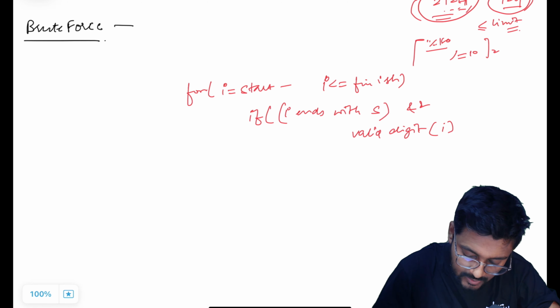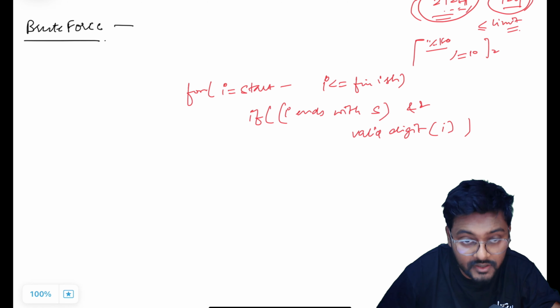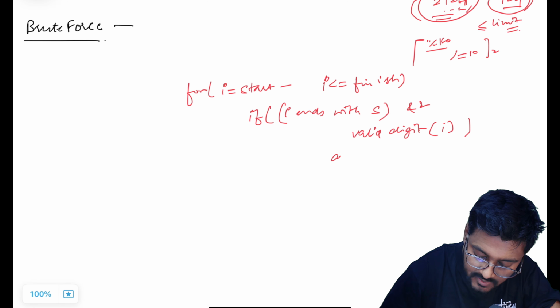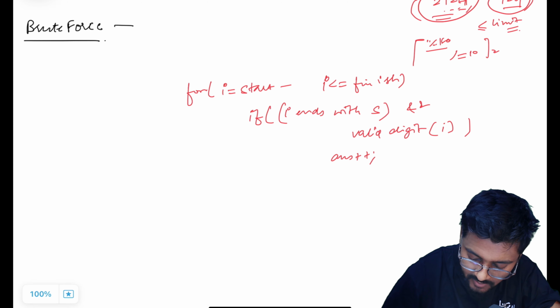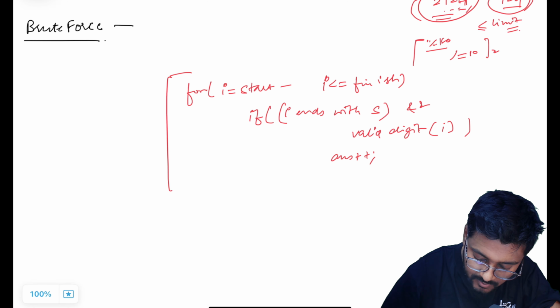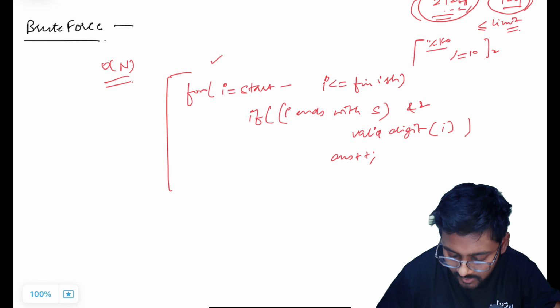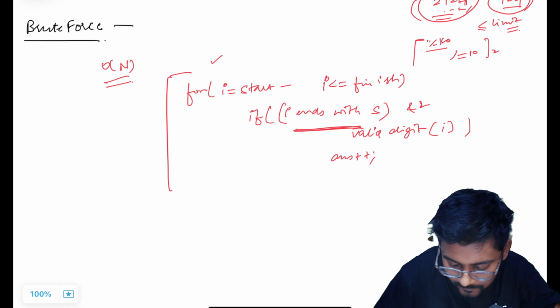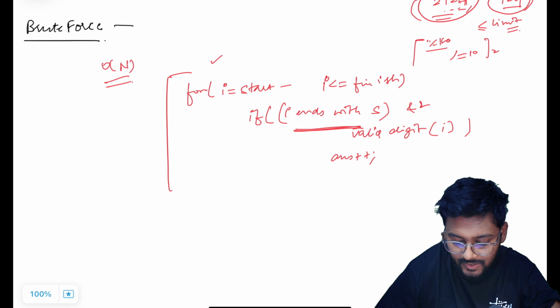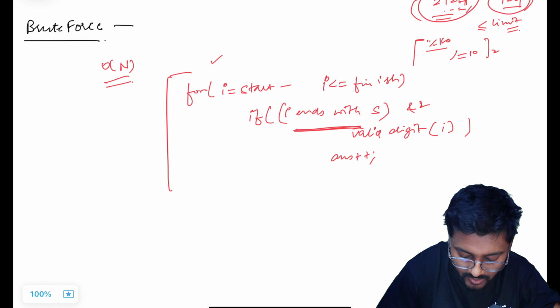It means all the digits are less than or equal to the limit. If that is the case, just do answer++ and we'll get our answer. So I did one iteration, order of n time, and after that I'm checking this condition. Let's say any number is of length L, so the complexity will be something like n into L.